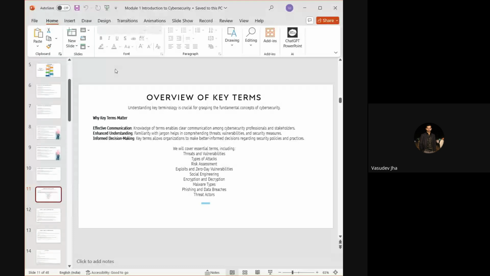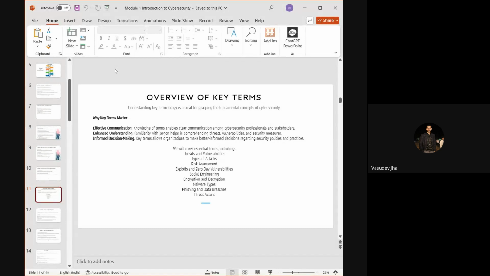For example, if you say we have APT, they may not know what APT actually is, but they know that it is a serious point. So first, effective communication, then enhanced understanding and informed decision making.